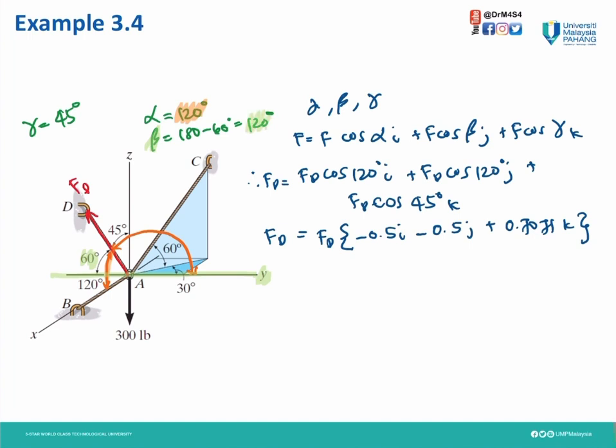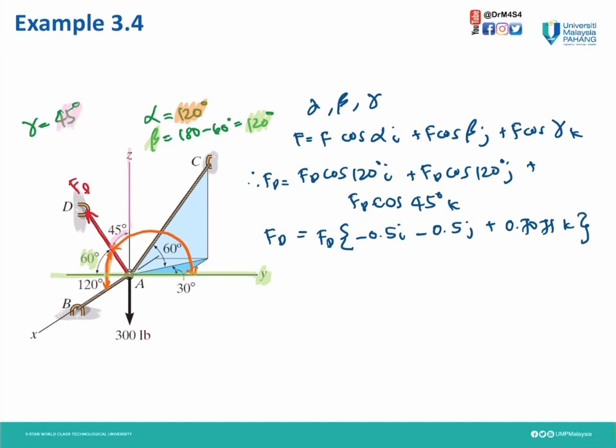Next, we need to find our gamma as given here, from the positive z-axis, our gamma is 45 degree.